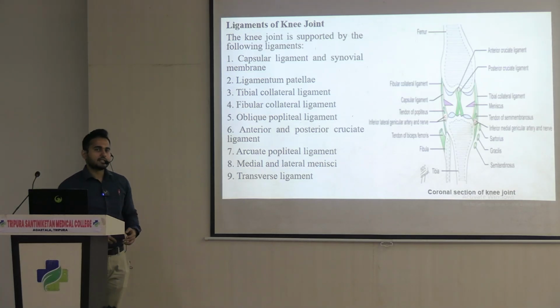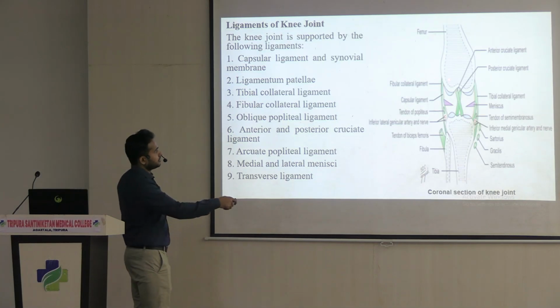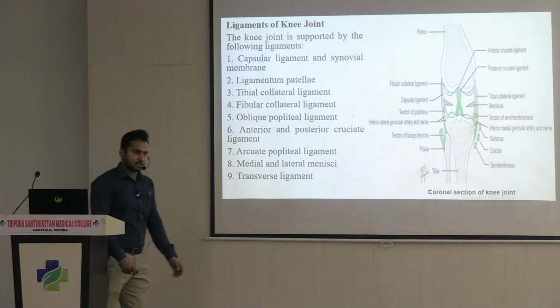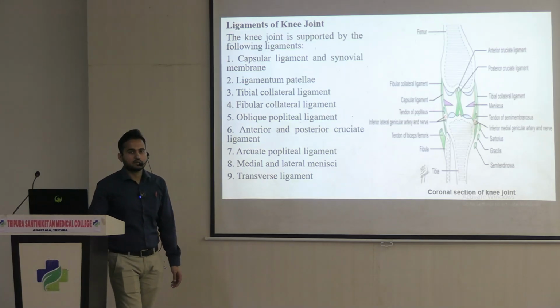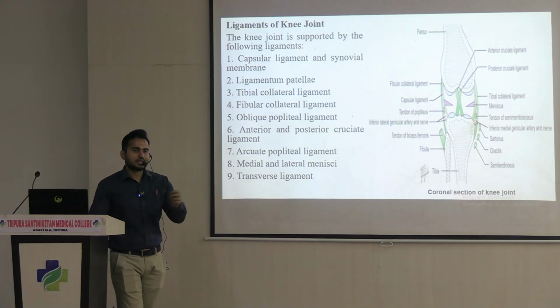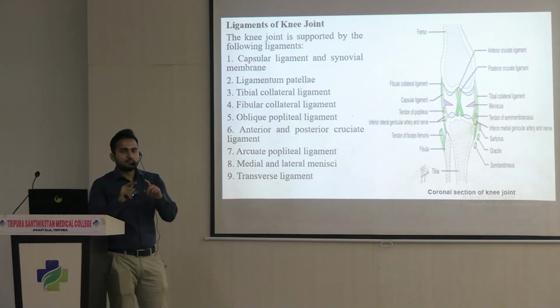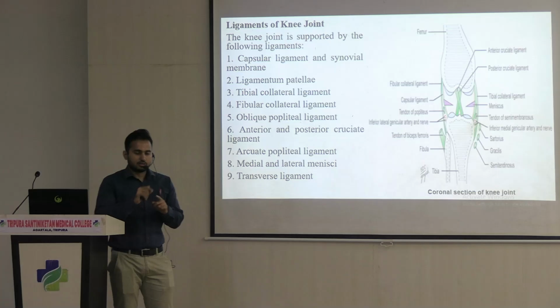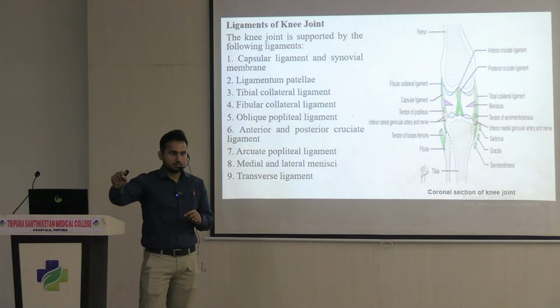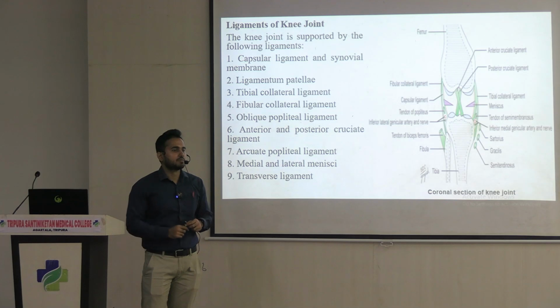Now in the capsular ligament, as I have mentioned, you have to mention the femoral attachment and the tibial attachment. When you studied the osteology of the femur or tibia, I hope you have seen in most of the books, in the articular part, dotted lines are given, showing the line of attachment for the capsule.